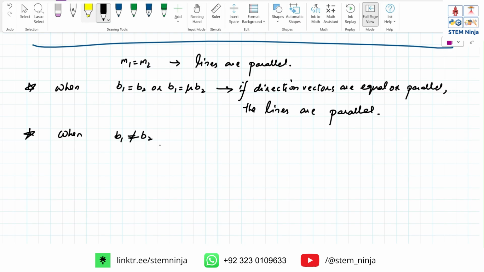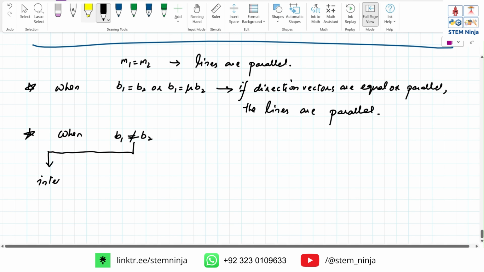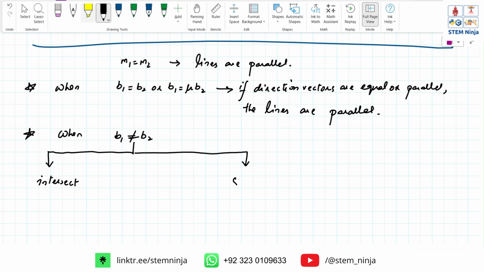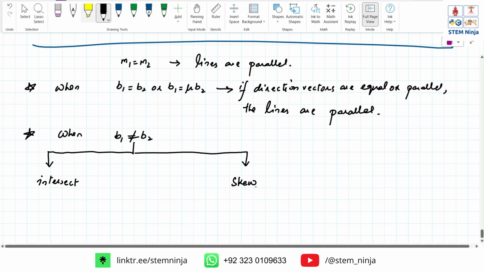Now, just like in the straight lines, there could be two different possibilities. One possibility is that they intersect, and since we are also including 3D vectors into this, they could be skewed with each other also.